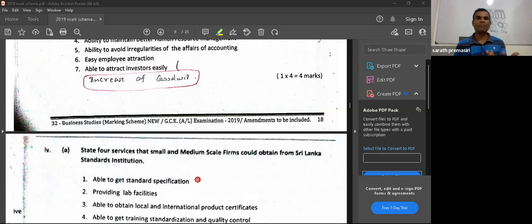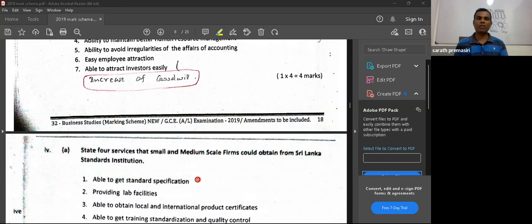Understand? If you are purchasing products which have the SLS certificate, SLS symbol, it means that it is up to the quality. Then able to get standard specifications, providing laboratory facilities to get that.